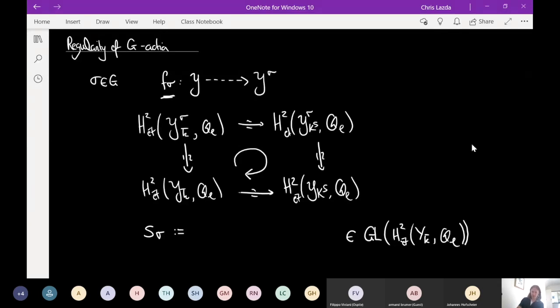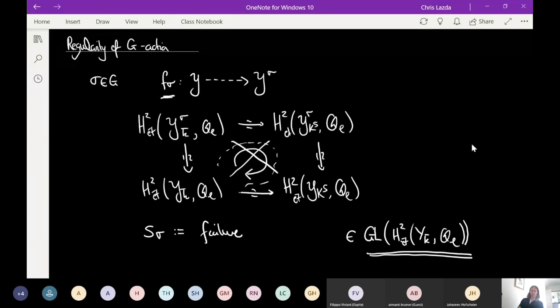And so I can write down exactly the same square that I wrote down before, and again, as before, this diagram is not going to commute in general. And so, given an element sigma of my Galois group, I get an automorphism of the cohomology of Y just by following this diagram round in a circle, exactly as I did before. So I get an element, S sigma, which basically measures the failure of the square to commute.